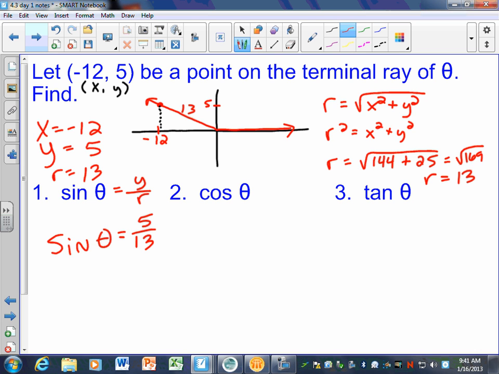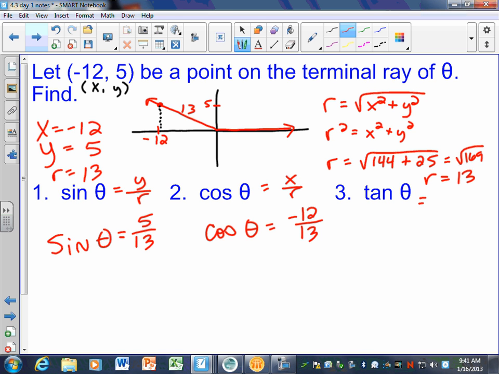What about cosine? Yeah, it's x over r. This is an example that there's a negative x value. So if x is negative, my cosine is going to be a negative value. It's going to be negative 12 over 13. And same thing for tangent. It's just knowing that ratio.